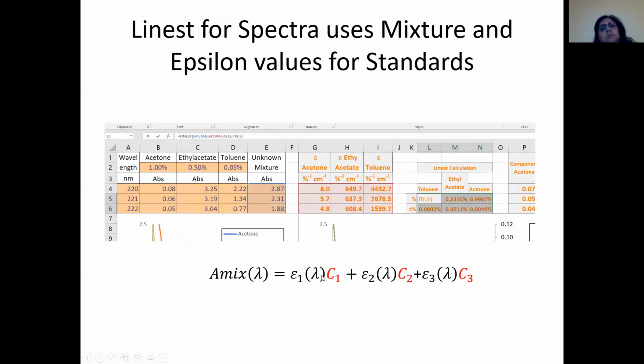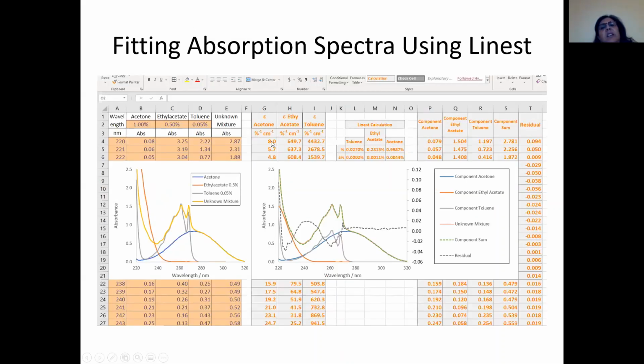So what I'm going to do is take each of these spectra and divide them by the concentration, and that will give us an epsilon value with units of percent per centimeter.